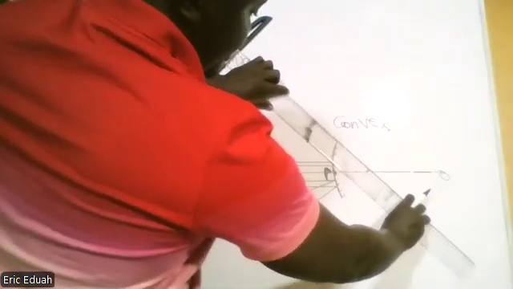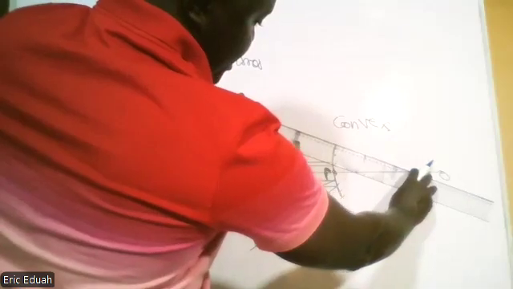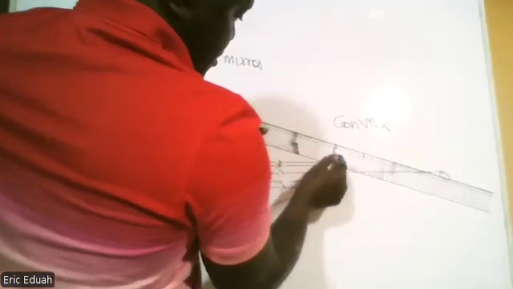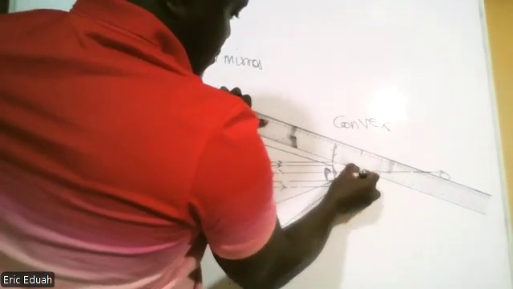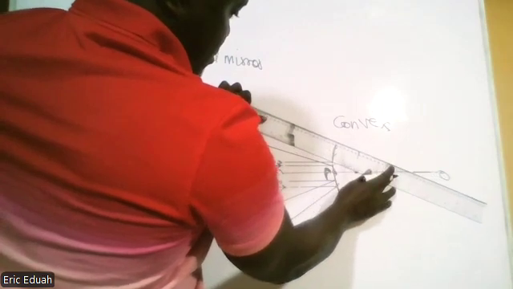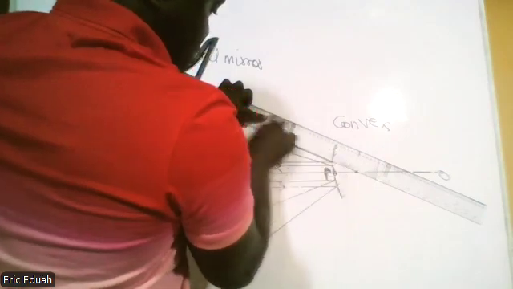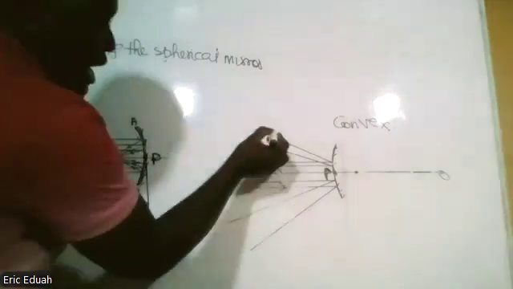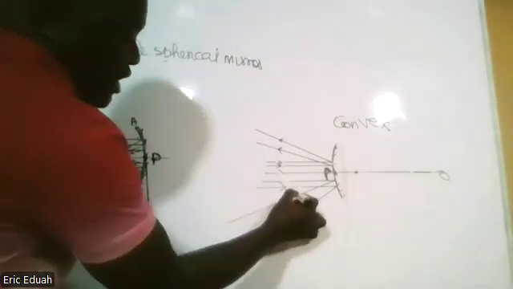All paraxial rays are diverged after reflection. Just a few lines. So these are the reflected rays or the diverged rays.